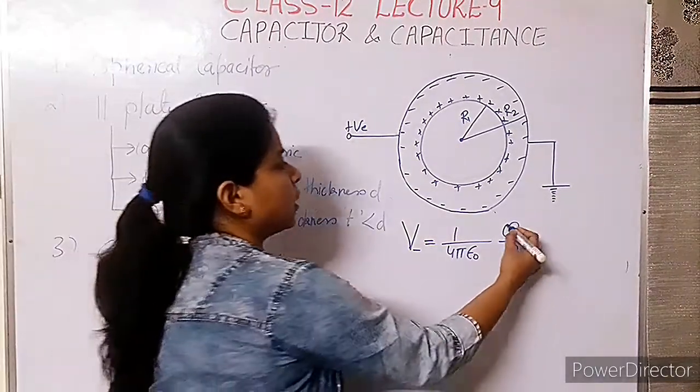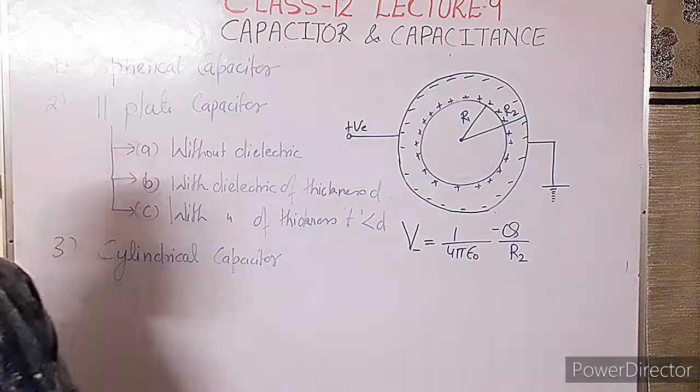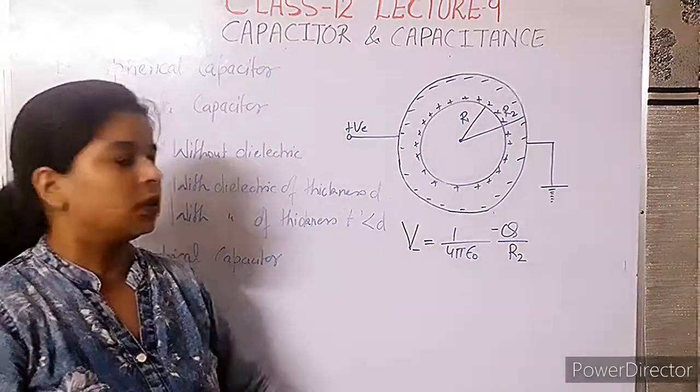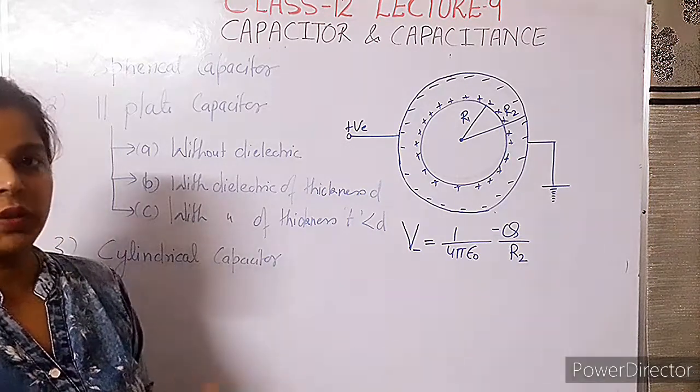Because this is a negative charge and potential is a scalar quantity, we need to put the sign here. This is V minus. This is on the basis of the previous topic.